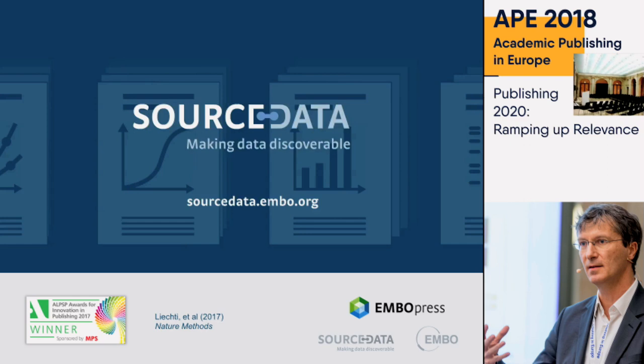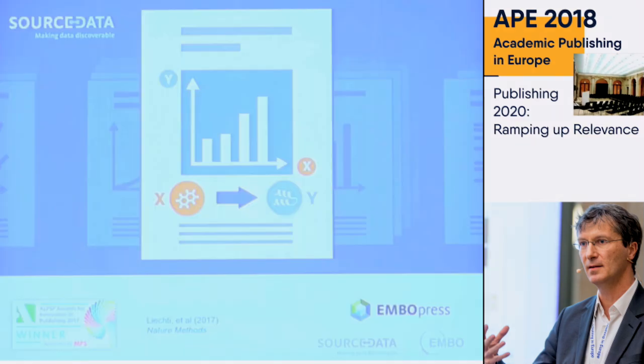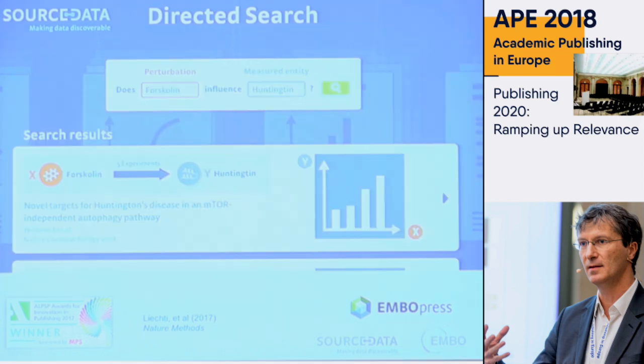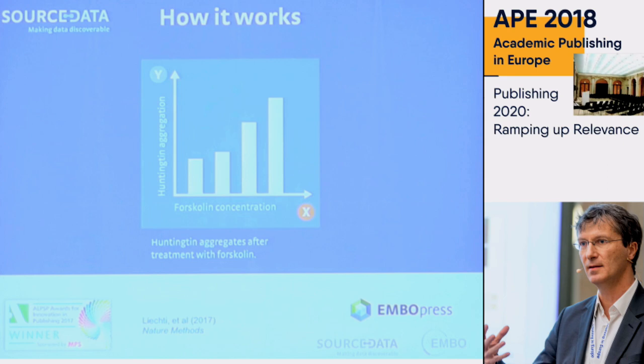Okay. And really, we want to make the papers discoverable based on their heart, the figures. The idea is to enable directed search of the data that are presented in the figures, and this is really the heart of the paper. To do this, we used the information provided by authors in the figure legends, or the labels of the figures, and we represent that in a structured, machine-readable way, as biological entities: small molecules, drugs, proteins, genes, and so on.